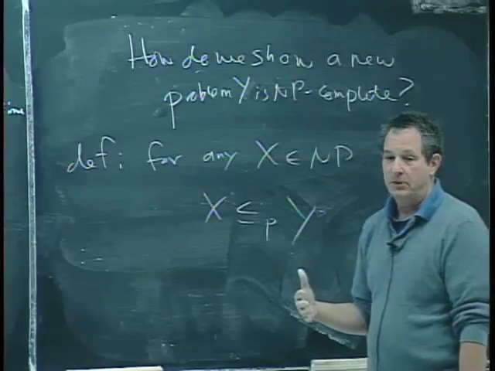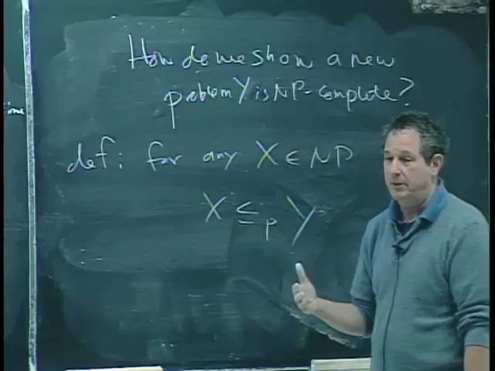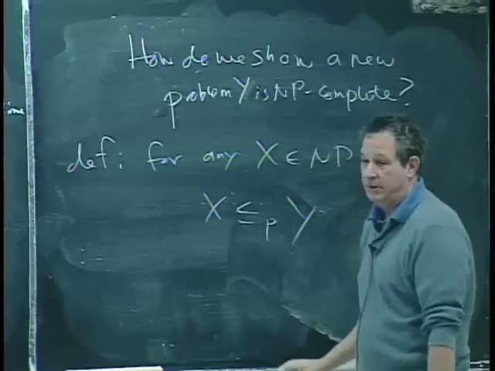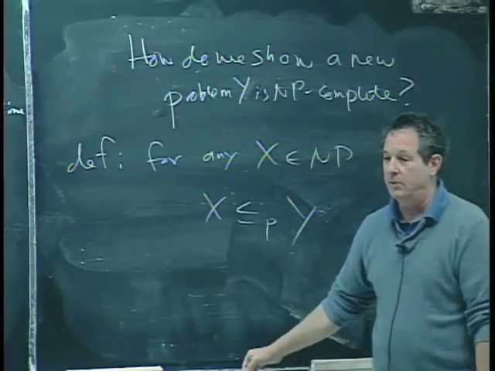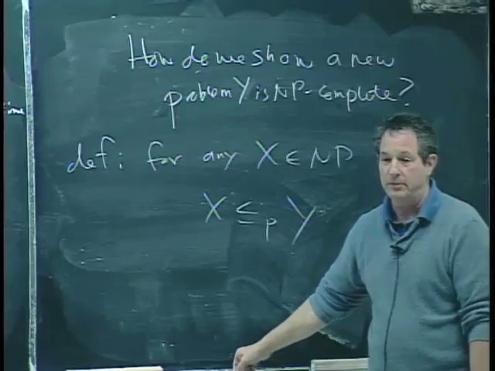So let's say you know, for example, that the SAT problem is NP-complete. And now you want to prove problem Y is NP-complete. So how can you prove that Y is NP-complete knowing that SAT is NP-complete?